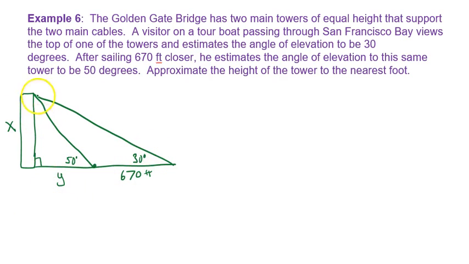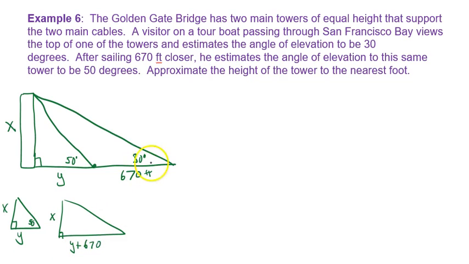And what I mean is, if you look at the little one where he had the 50, that would just be x, y, 90, and 50. And then if you look at the entire triangle, you have x. This side is not just y, it's y plus 670. And then this angle out here is 30. And so it helps some people to break it down into two triangles because you are going to be making two equations.